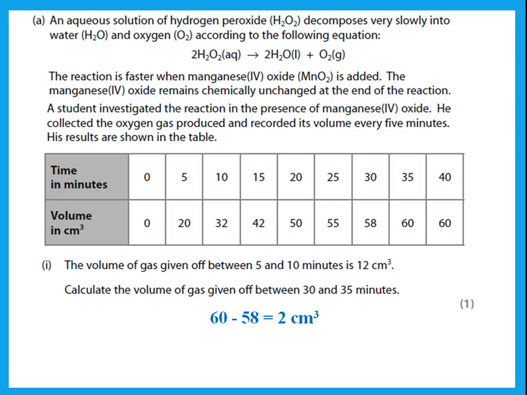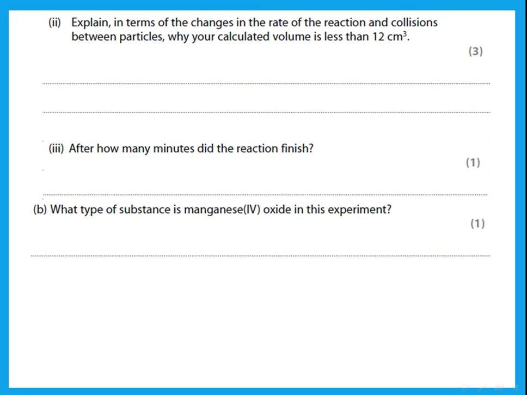So he says between 5 and 10 minutes, he was able to collect 12 centimeter cubed. But between 30 and 35, he was able to collect only 2 centimeter cubed. So explain in terms of the changes in the rate of the reaction and collisions between particles why your collected volume is less than 12 centimeter cubed. As time goes by, the amount of gas collected in the 5 minutes is less.